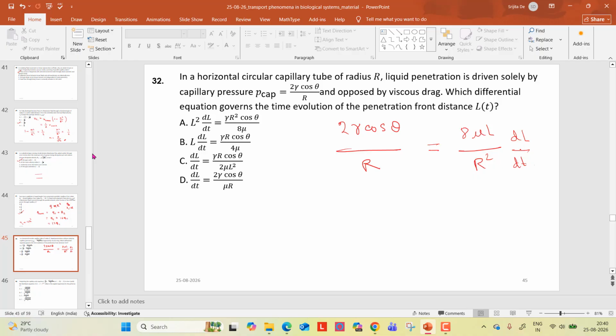Now if you solve this, it will come as L dl dt equals gamma r cos theta by 4 mu, right? Option B.